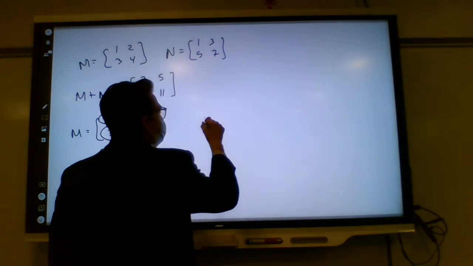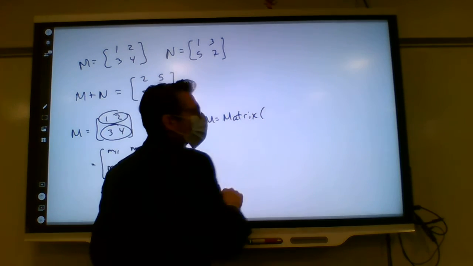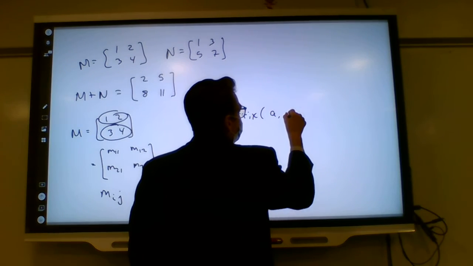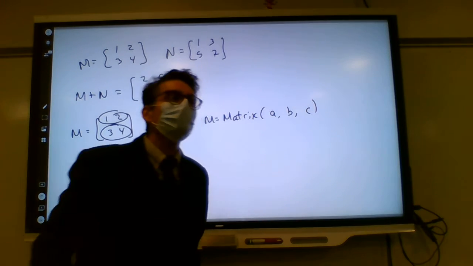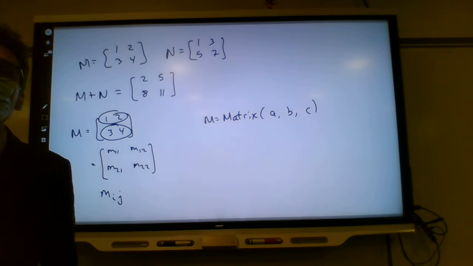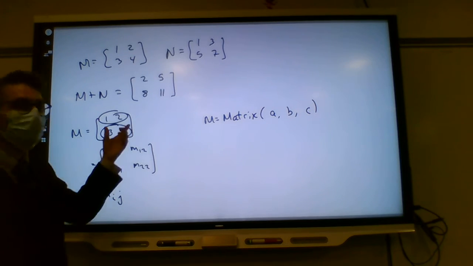If we created a matrix class and then we're using it, and let's say we had a vector A and a vector B and a vector C, what would have to be true about all the vectors A, B, and C? They have to have the same dimension. Yeah, they would all need to be the same dimension. Otherwise, we wouldn't be creating a matrix.